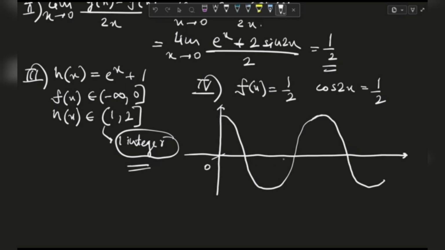I guess 4 will be here somewhat because it's cos 2x, right? For cos x it is 0 at x equal to pi by 2. So here it will be 0 at, I guess, x equal to pi. Not pi.